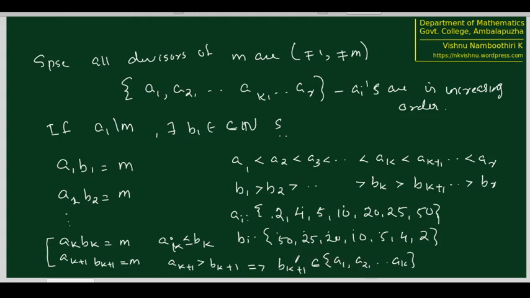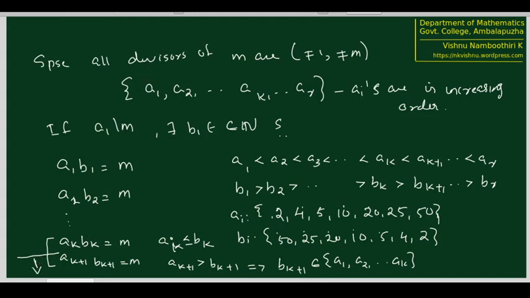So what happens now is bk plus 1, bk plus 2, etc. all must have already appeared in a1, a2, etc. up to ak. Therefore, the factorizations from here onwards we don't have to consider, because these factorizations must have already appeared previously.